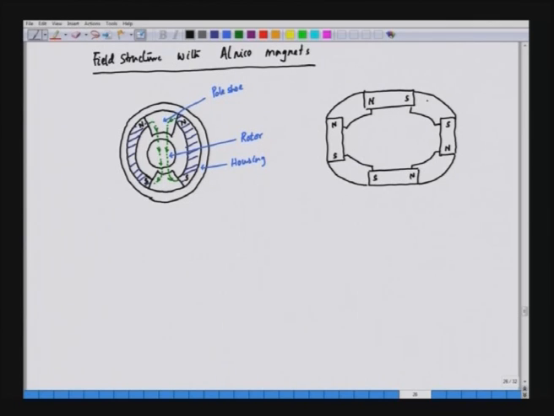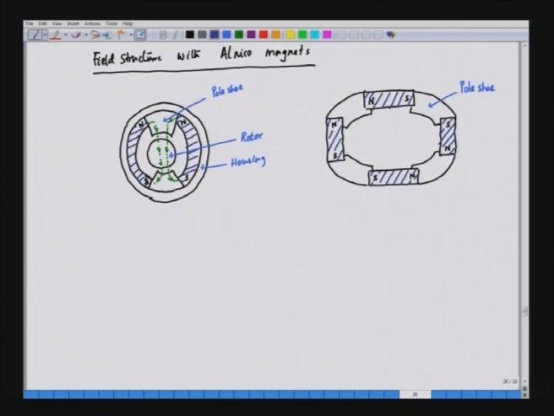This is the pole shoe here. These are the magnets. This is also the magnet, a long magnet with large Li and small Ai.